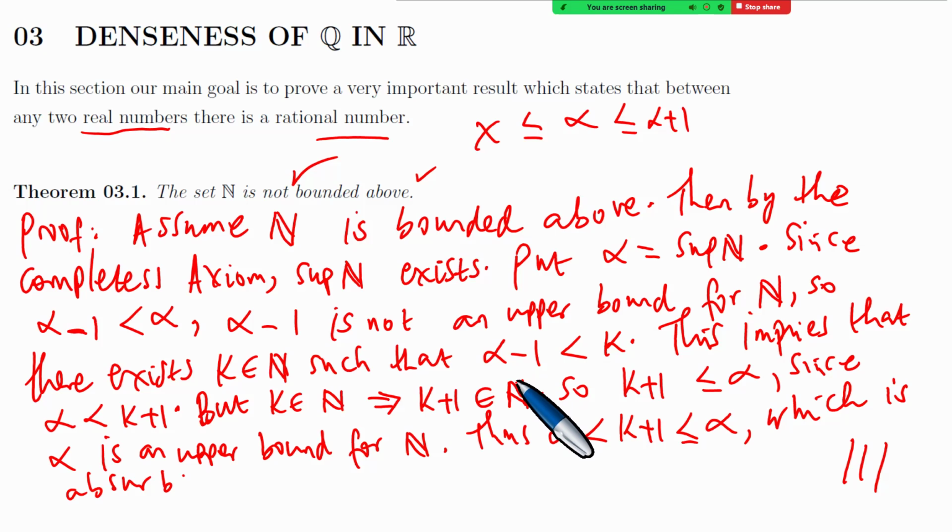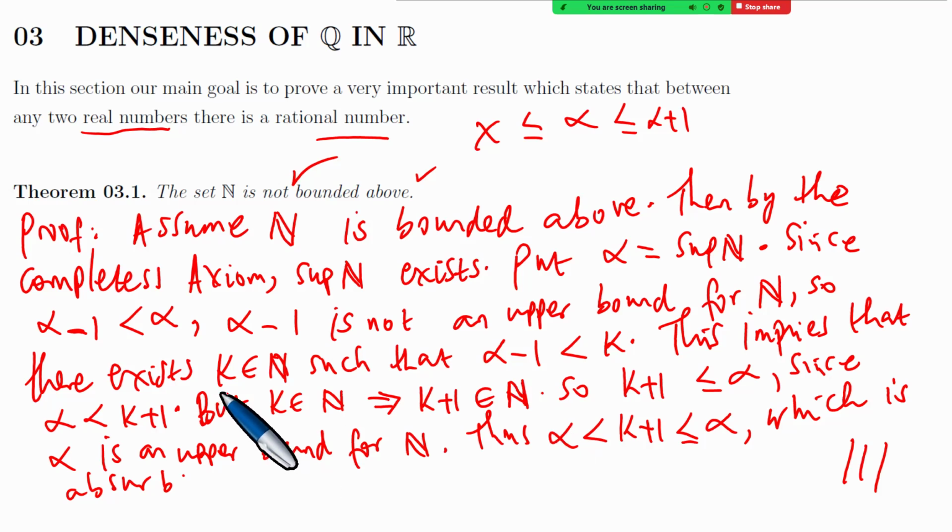Yeah? But now, if alpha minus 1 is in the natural numbers, and we subtract 1 from it, so there exists a k in the natural numbers such that alpha minus 1 is less than k. So you can find a k that is bigger than alpha minus 1.